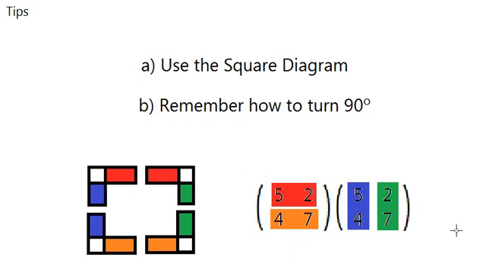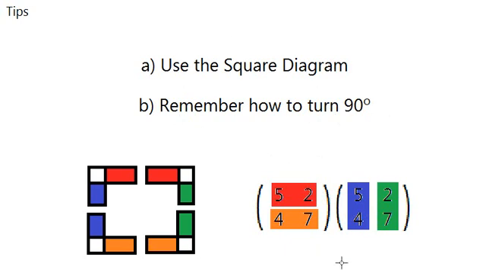So that is the square diagram and colored version. And for B, just remember how to turn it 90 degrees from this to this, because if you don't turn it 90 degrees, it's not going to work, simply because that is entirely how matrices are required to be solved. So if you don't turn it 90 degrees, then it's not solvable.